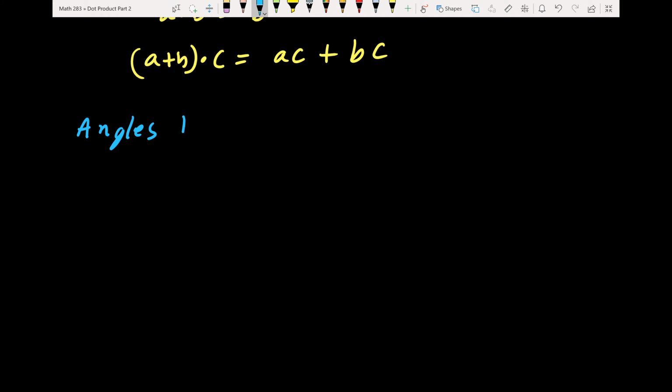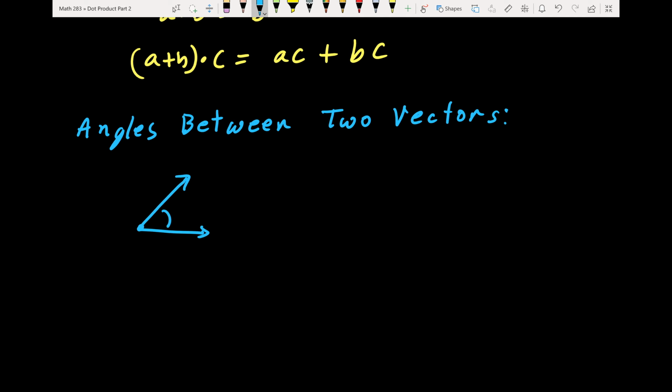Angles between two vectors. So if you try to draw it, this is what's going on. Here's one vector, here's another vector. We're trying to find this angle. What is this angle, right? These vectors could be in 2 dimensions, 3 dimensions, or any other dimension. All right, so let's look at it.